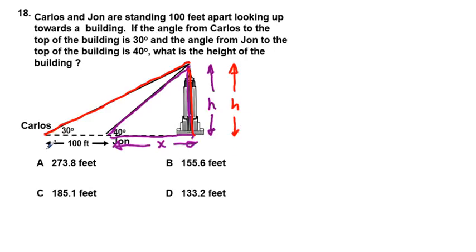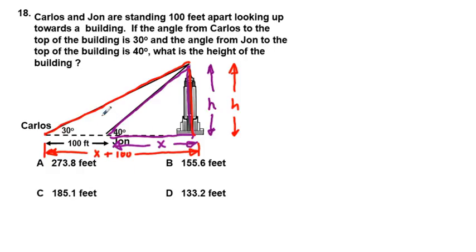For the distance from Carlos to the building, we call that x plus 100, because that's the same distance John is away from the building, but 100 feet farther down the road. And so we can construct a system of equations.